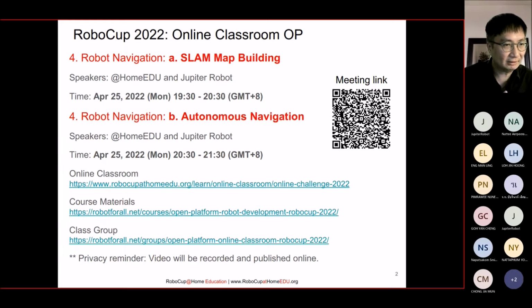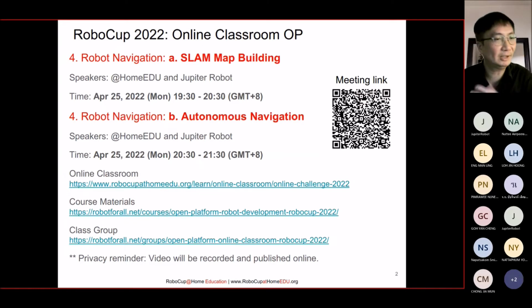Also, I'm very happy today that we have Jupiter Robot, so we are going to do this robot navigation. Ideally, we would like to do it on the real robot. But because this is an online classroom, we will use our simulation platform to explain the navigation system.